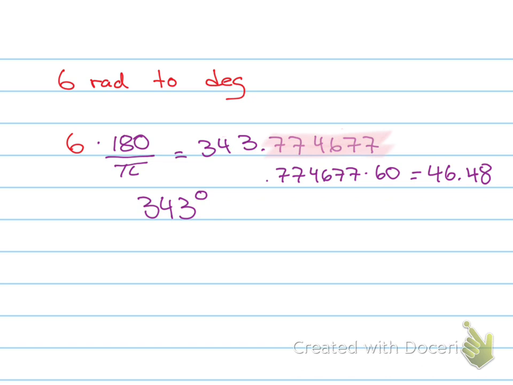So we need this part, which now gives us our minutes. So that would be 343 degrees and 46 minutes. And that's how you convert degrees to radians and radians to degrees.